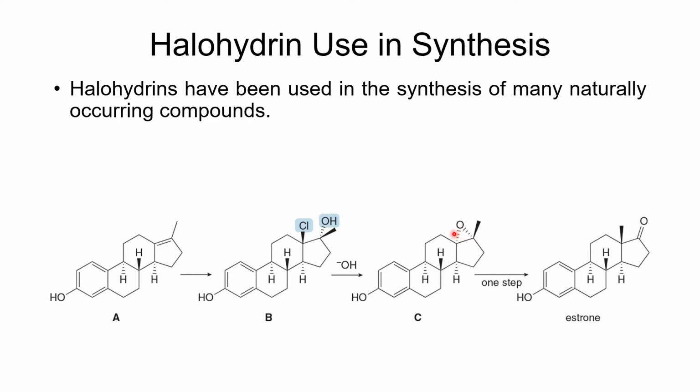And then in one very clever step, we can go from this to this. And think about what reagent might do that and look at what's going on. It says one step here. We have a methyl group here, but then the methyl group ends up over here. And so that is a 1,2 alkyl shift, a methyl shift to be specific.